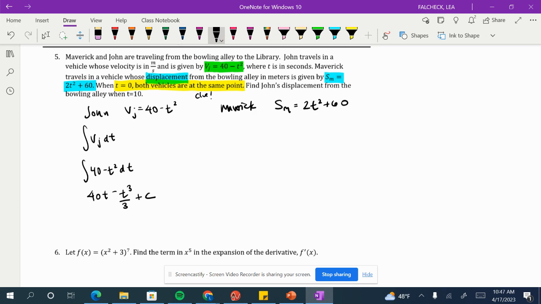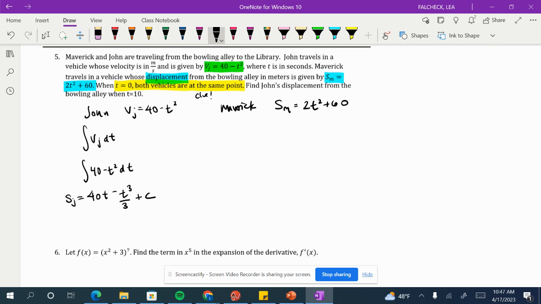I don't have any further information about John, but I do know that both vehicles start at the same point when t equals 0. Let's look at Maverick's displacement function to find c.